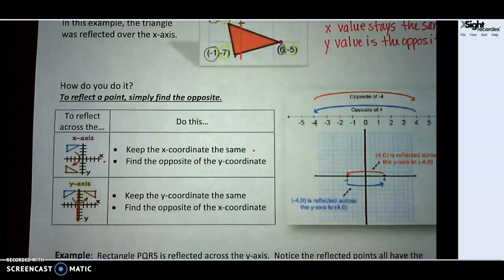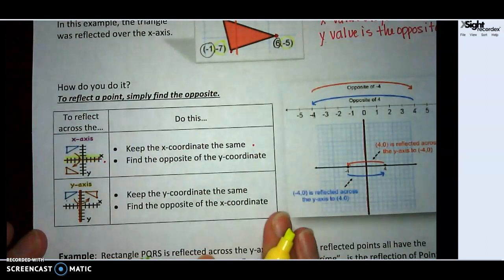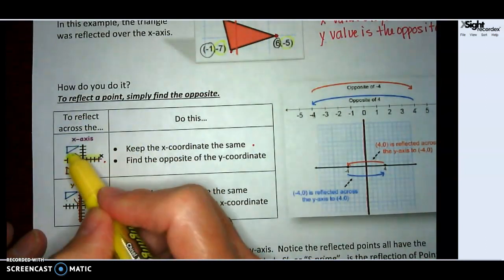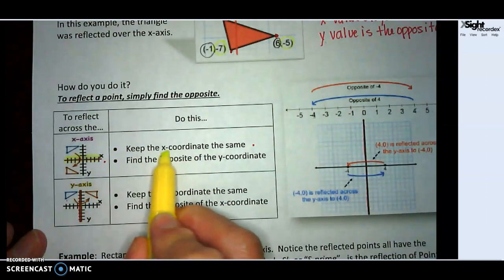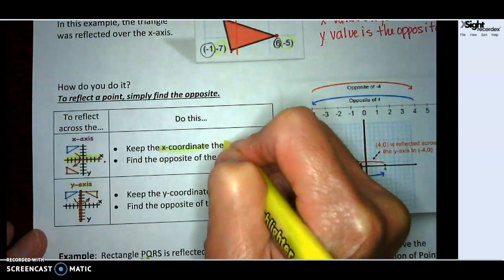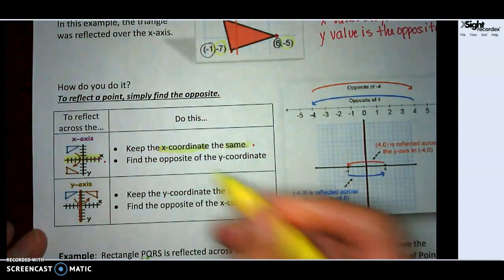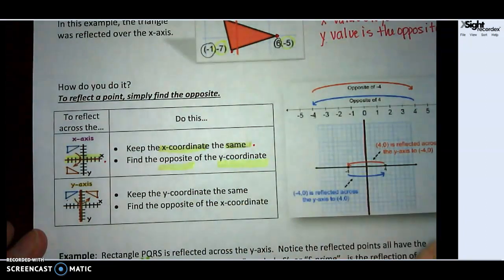So there are two little rules about reflecting across the axis. If you were reflecting across the x-axis, which is the horizontal, we're taking this shape and we want to reflect it over. The rule is to keep the x coordinate the same, and you find the opposite of the y coordinate.